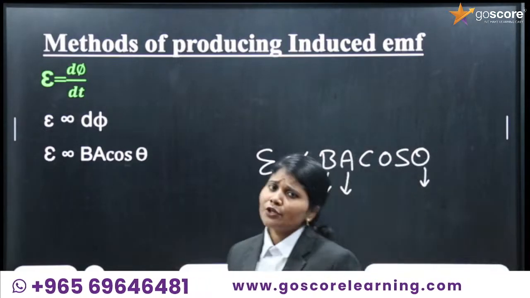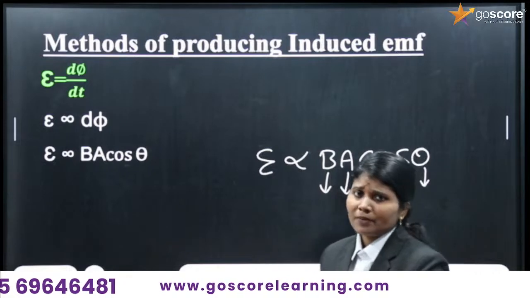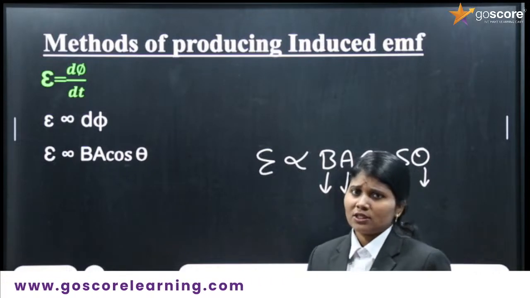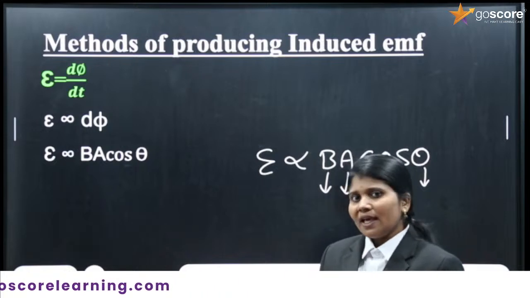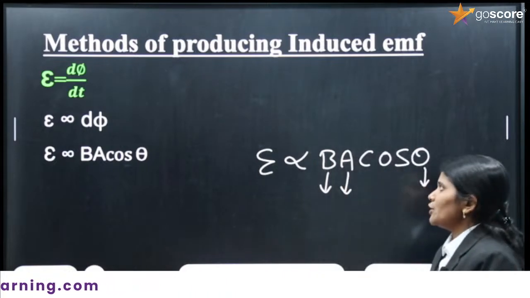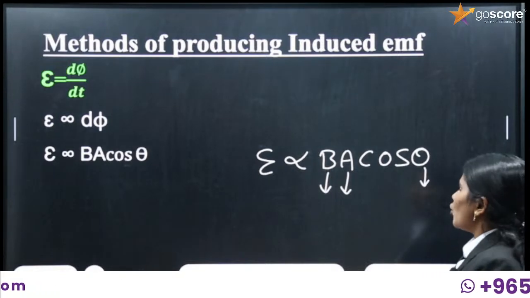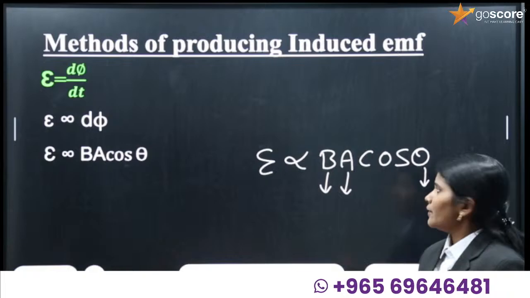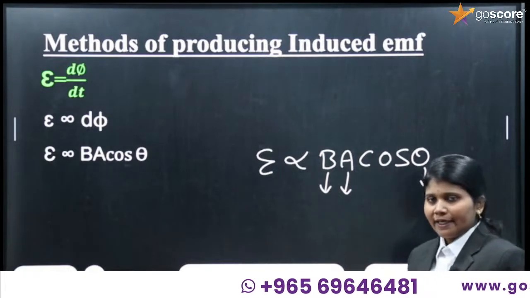So E is equal to d phi by dt, E is proportional to the change in flux, and phi is equal to BA cos theta. B means magnetic field, A is the area of cross section and theta is the orientation.